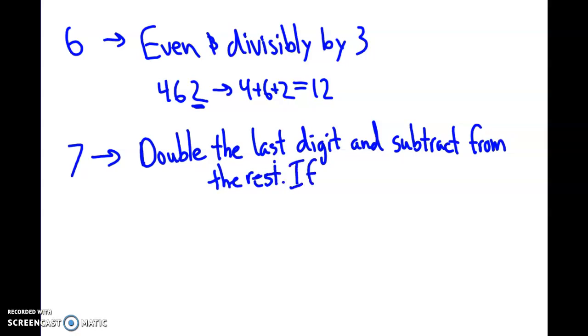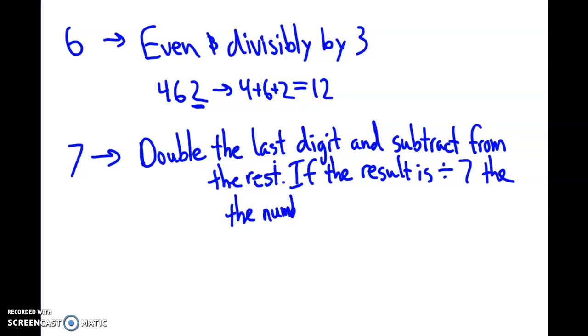If the result is divisible by 7, then the whole number is.